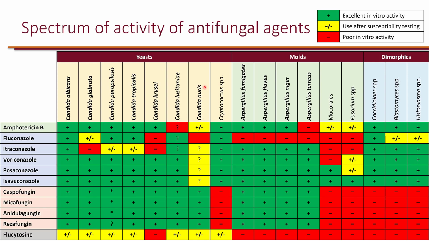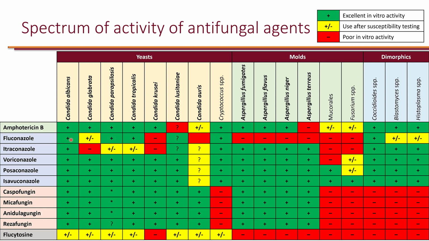And most recently, there's been an emergence of Candida auris, and these species may or may not be resistant to amphotericin B, so there just needs to be susceptibility testing to find out.